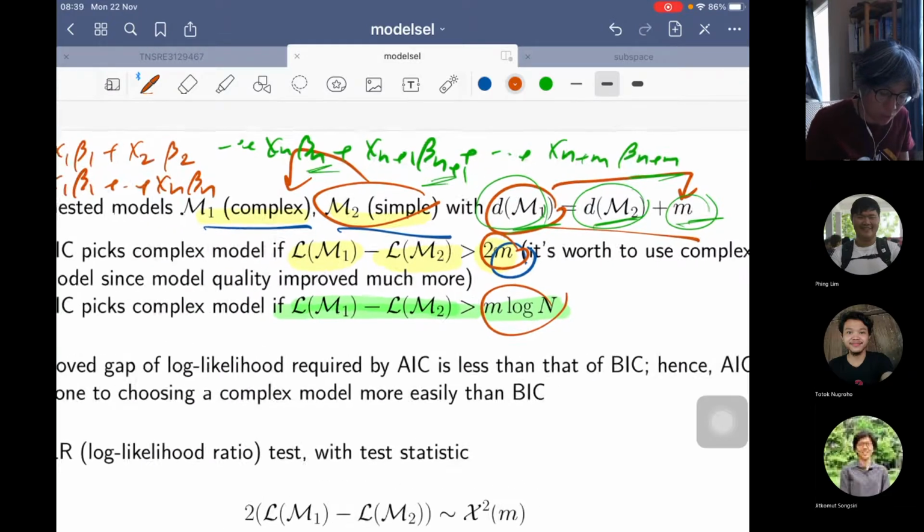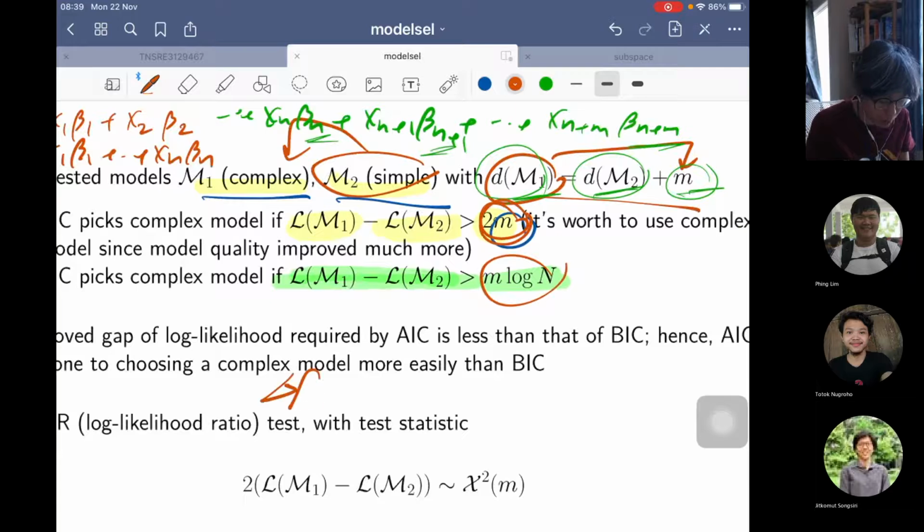This is the gap, the delta log likelihood, which you think of as the threshold.